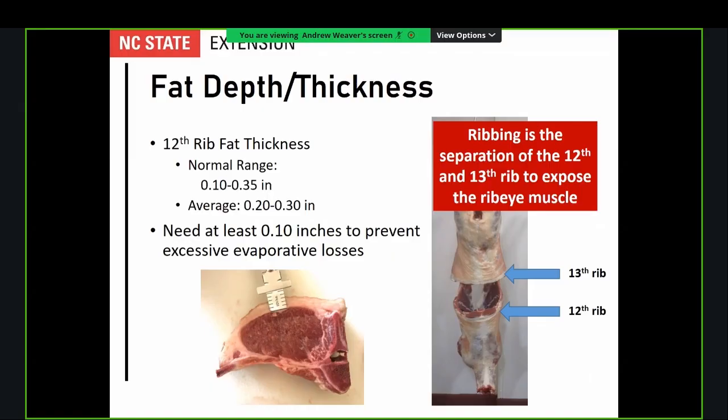While it's very standard to see maybe 1.5% to 3% loss in carcass weight from a hot carcass to a chilled carcass during that cooling process, we want to make sure it's not in excess of that. And so we need a little bit of back fat. We need at least 1/10 of an inch. Any less than that, we really get concerned about excessive evaporative losses and the detriment that will have to the eating experience of that final product.